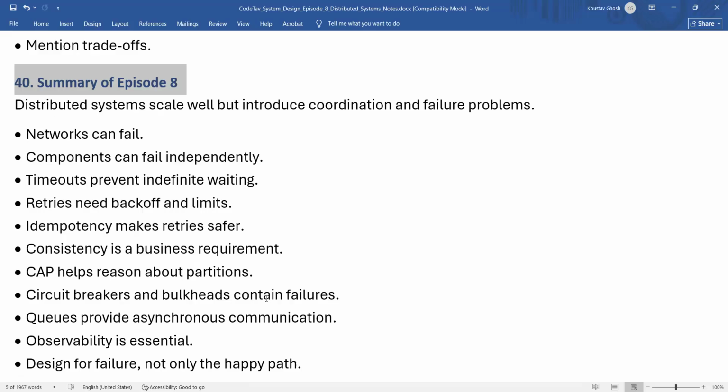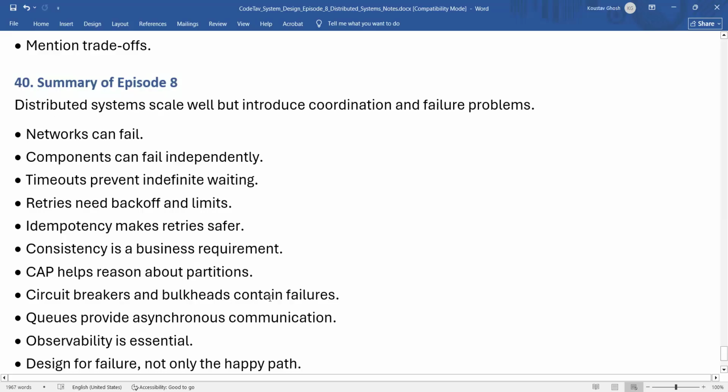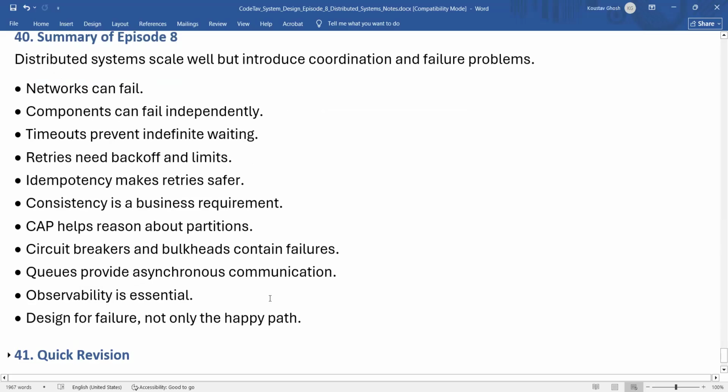Third, you need to identify where the network is, how the communication happens. Fourth, for every network call, think about timeout, retry, backoff, idempotency. Fifth, you need to think about consistency. You need to ask, do we need strong consistency or is eventual consistency acceptable?